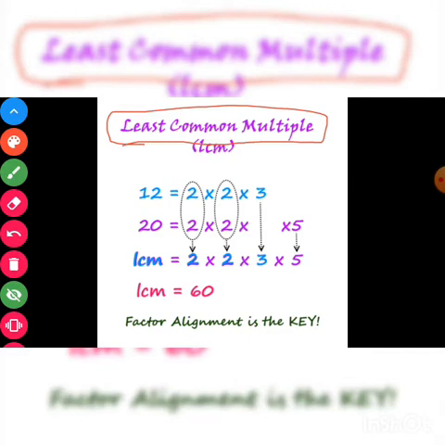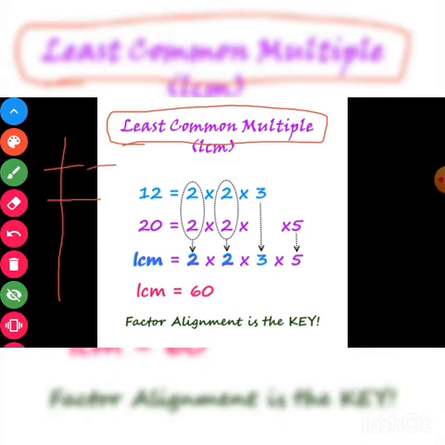For that, we will do the prime factorization of 12 and 20 and then we'll try to find out the common factors between them. After finding the common factors, we'll write them, and then whatever are the leftover factors, we will multiply into that common factor, and whatever is the result, that will give us the LCM.